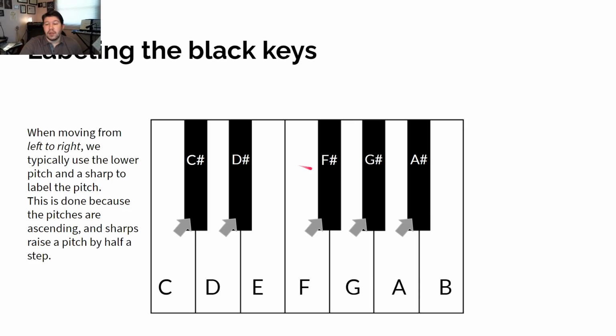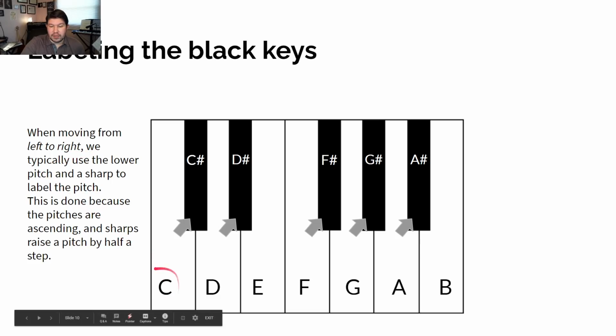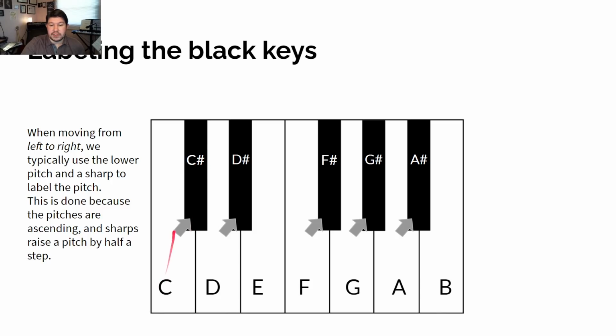So if you're thinking, well, I know what this key is and it's not called A sharp, just wait a moment because we will discuss the other name, the enharmonic name for that key. Okay? So the big thing to remember with this, when you're naming the sharp keys going from left to right, moving higher, we are going to use the lower pitch, the one that's on the left-hand side, along with the symbol for sharp. So C becomes C sharp, like it says there. Okay?